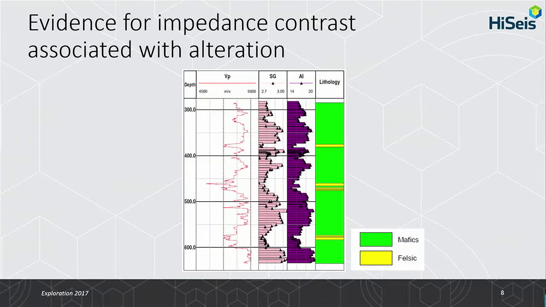But lower down, there's two zones where the zone is considerably broader than the felsic intrusive itself. And we infer that that's due to alteration, which is perhaps a guide for where mineralised fluids might have been flowing.